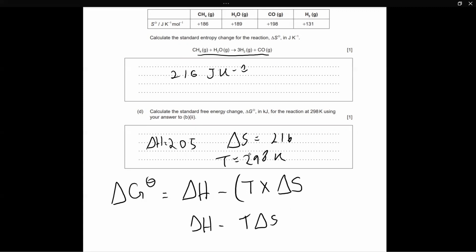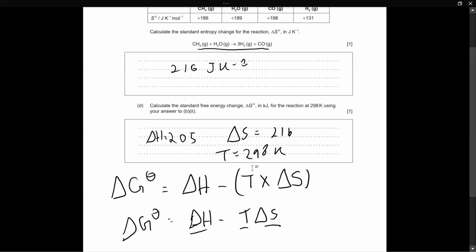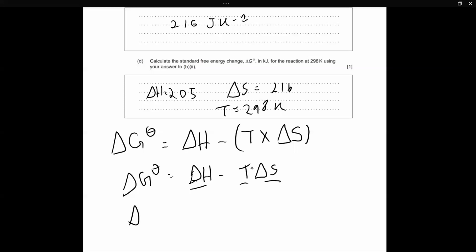So that is the formula. Hopefully you understand what this is, and hopefully you're not going to get too confused. Now, if we know the value of each of these variables in our equation, we just have to substitute them in and we'll get our answer. So, let's do that. Delta G is going to be equal to the change in enthalpy, which is 205.